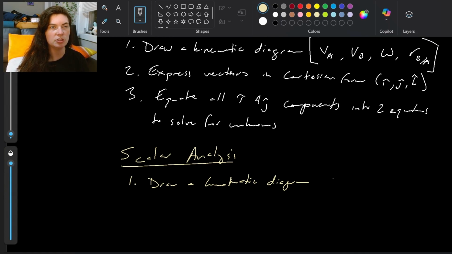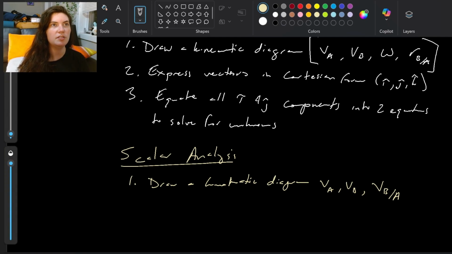In addition to our VA and VB, instead of omega and our position vector, we're going to be finding the velocity of B with respect to A.